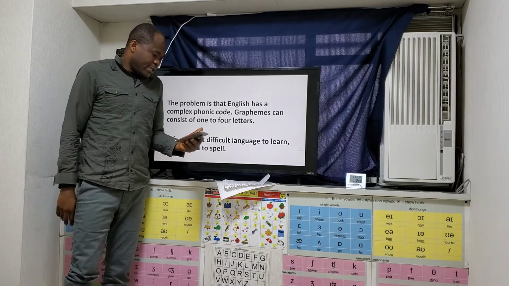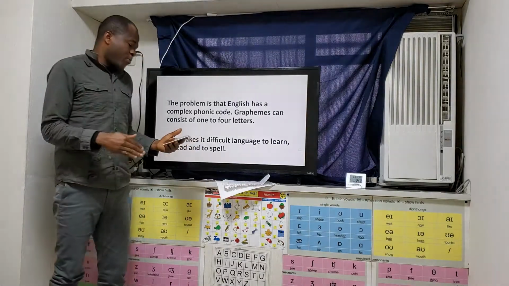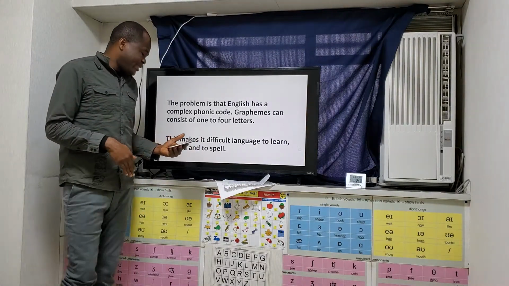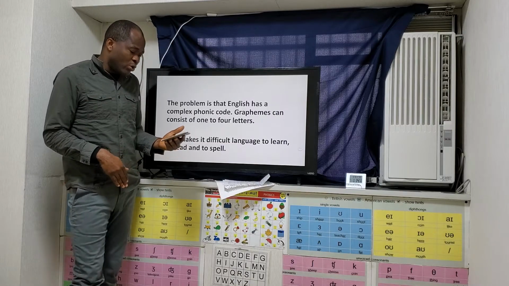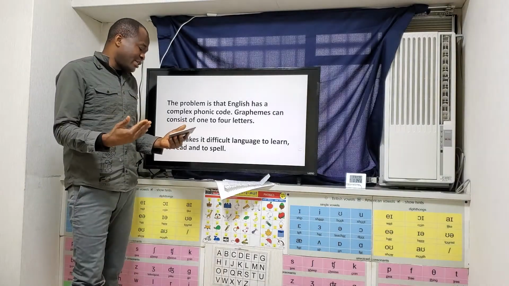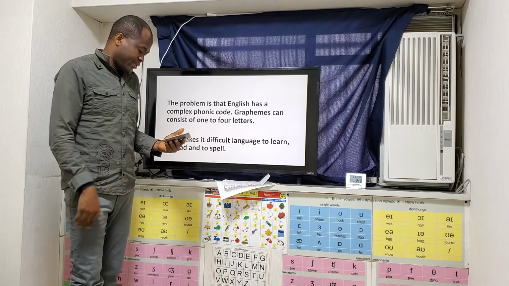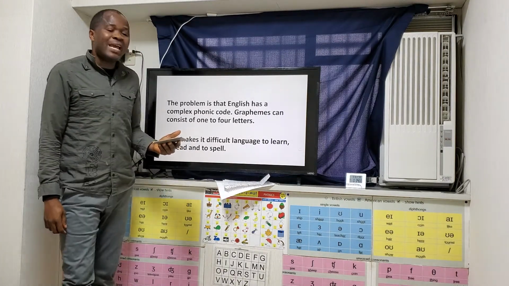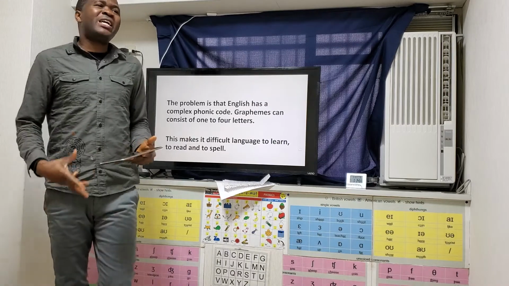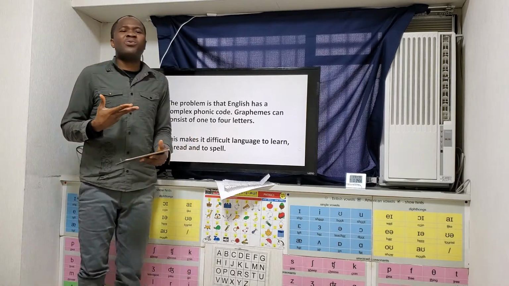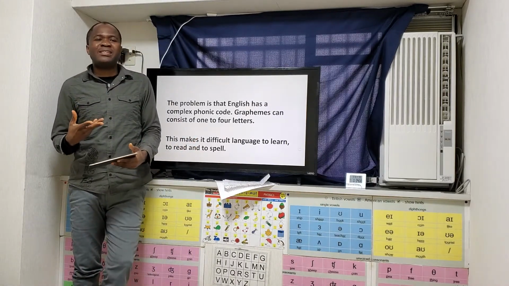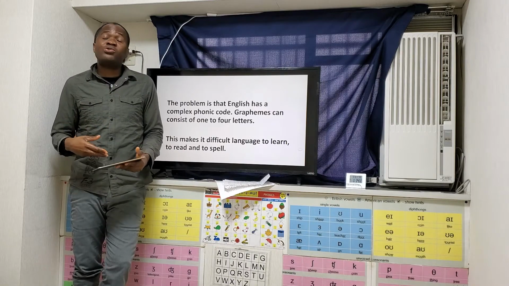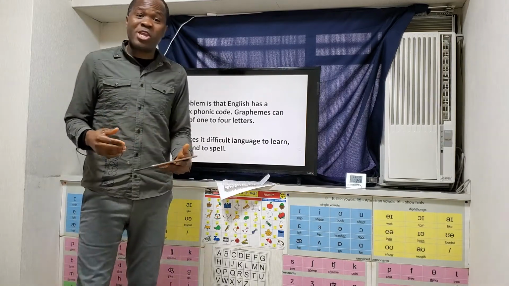So I'll read one more time. The problem is that English has a complex phonics code. Graphemes can consist of 1 to 4 letters. This makes it a difficult language to learn. Not only to learn, but reading and also spelling a word is very difficult.